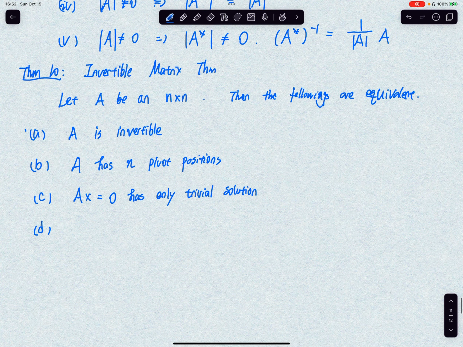Then we also have that the columns of A form a linearly independent set.